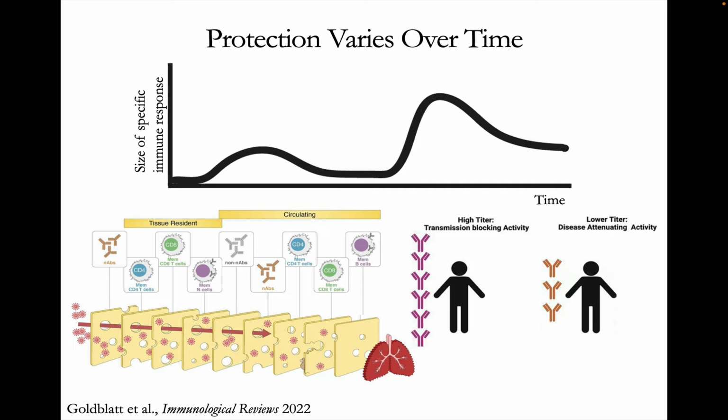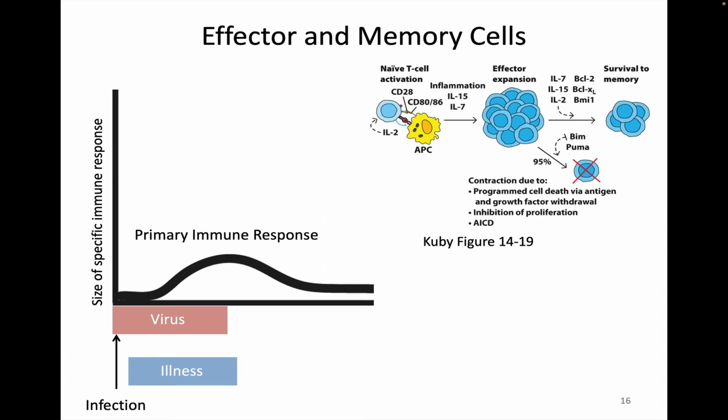The microbe might be able to get into your body, but you now might make a different and better response. And so just remember that many of these different types of immune responses that we see are changing over time. And so some of the details of what we see in an immune response over time can change.